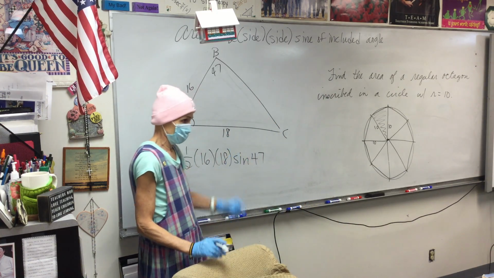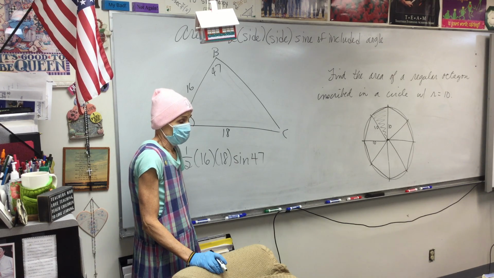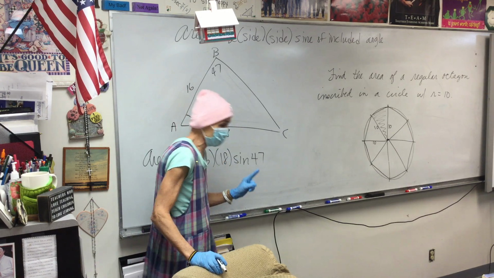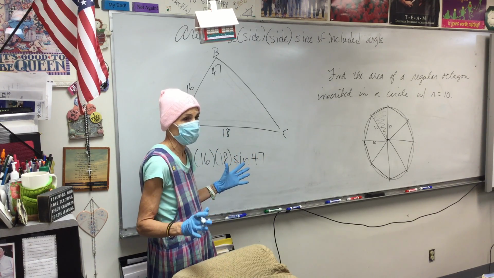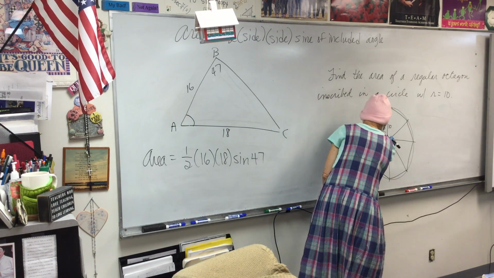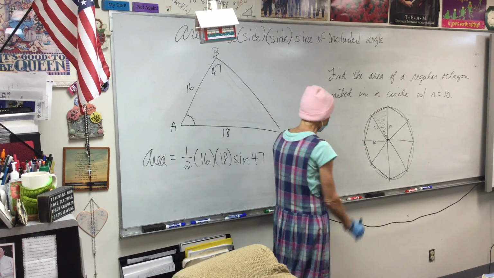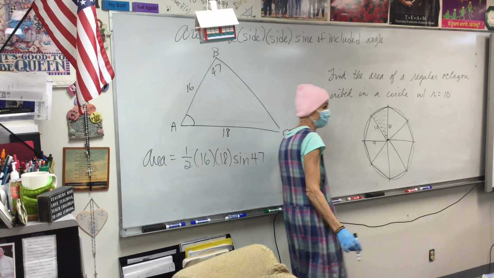I want the area of that triangle. Now, the coolest, easiest way to do this, not the only way, there's never just one way, would be to know this angle, because I have 2 sides, and that would be the angle between them.